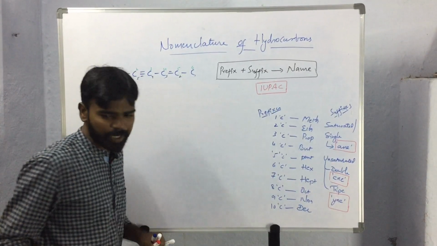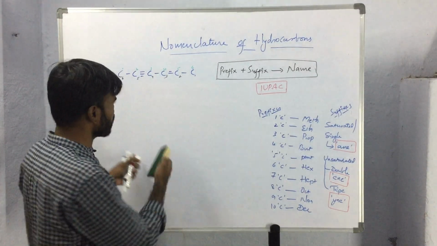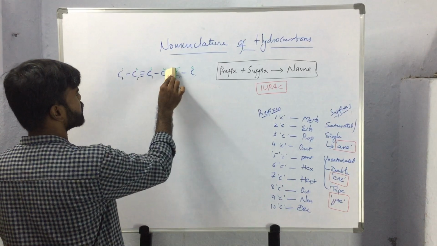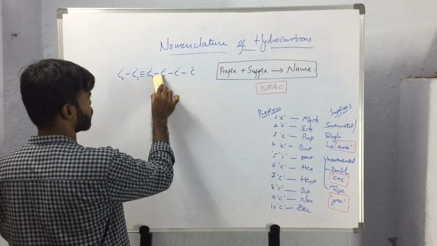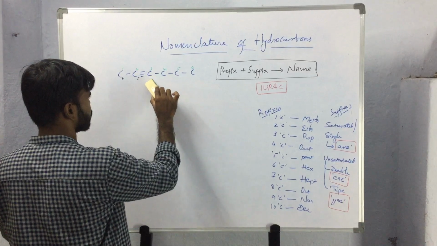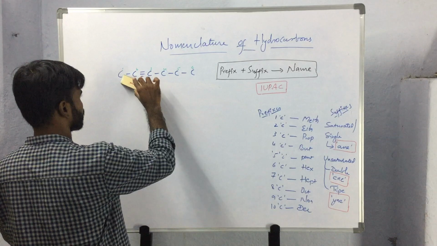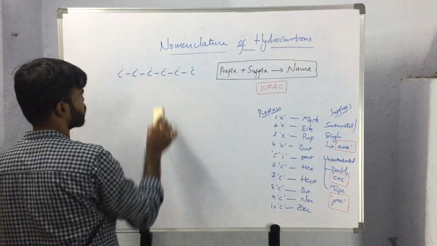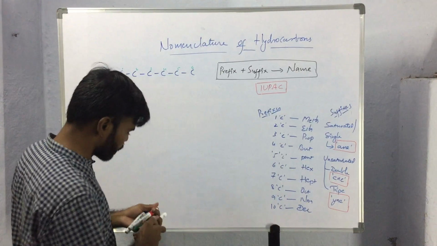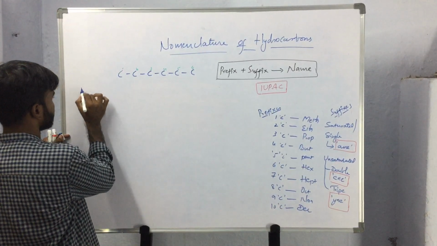So like this we will be naming the straight chain hydrocarbons. So now we will see the branched chain hydrocarbons. So the branched chain.